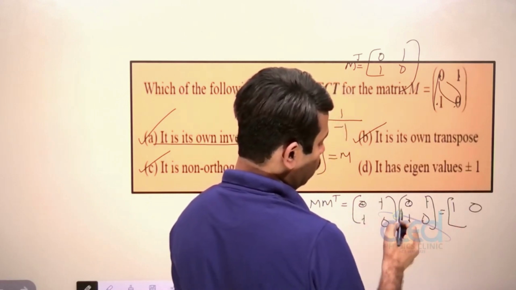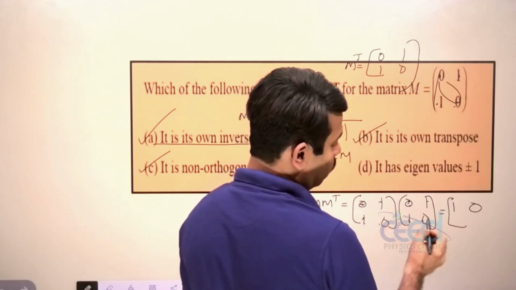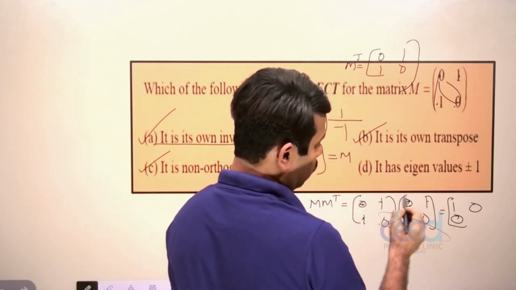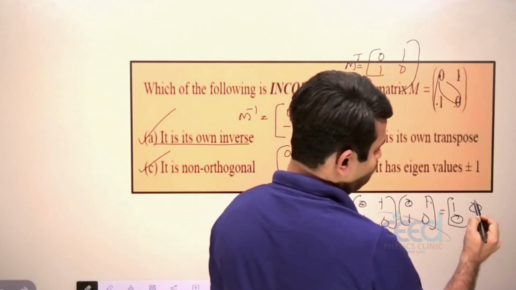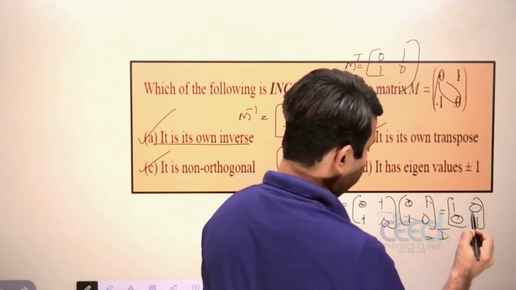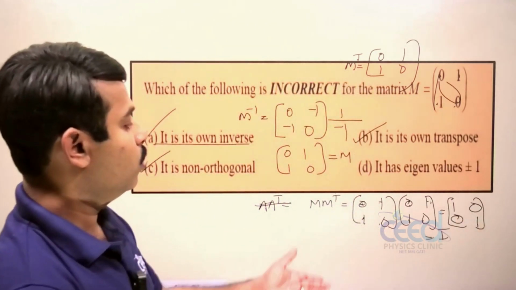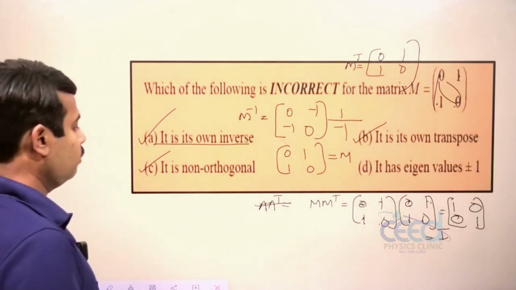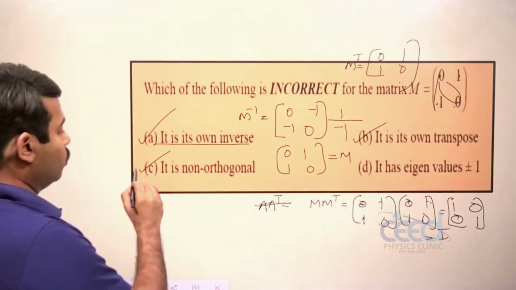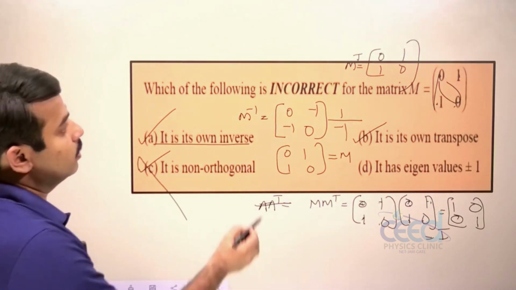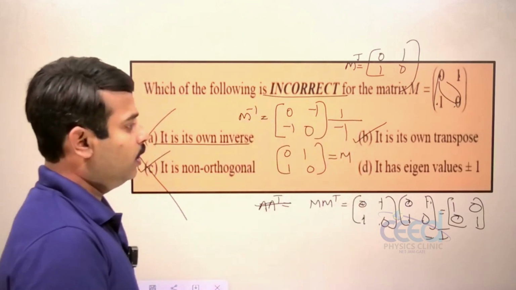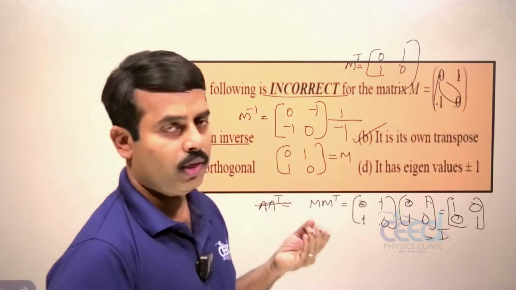Then 1 plus 0 in the last entry is 1. It is the identity matrix I, so it is orthogonal. But it was given that it is non-orthogonal. So this is the incorrect one. The question asks for the incorrect statement, and definitely only one is incorrect.